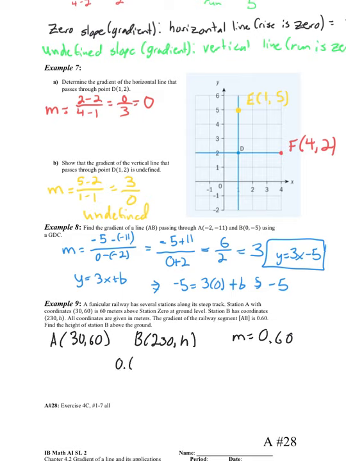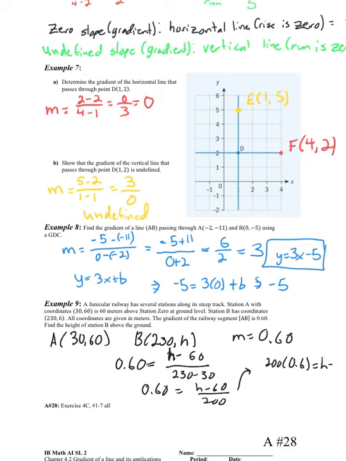So we can set m equal to our values here. H minus 60 over 230 minus 30. And then it's just a matter of solving algebraically for the h value. So I get 0.6 equals h minus 60 over 200. Multiply both sides by 200.